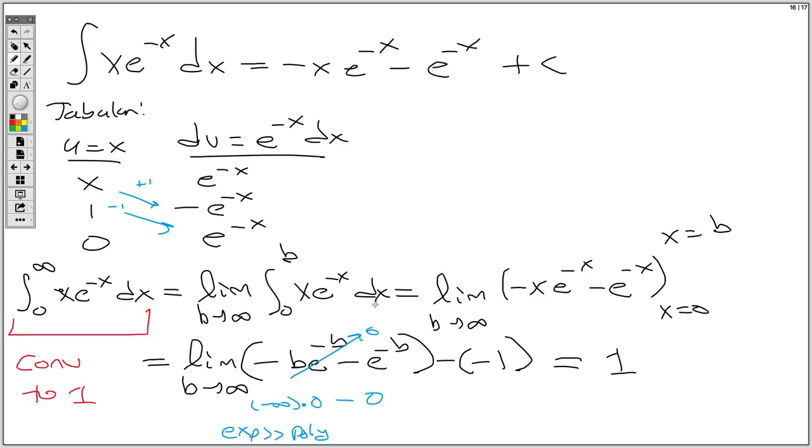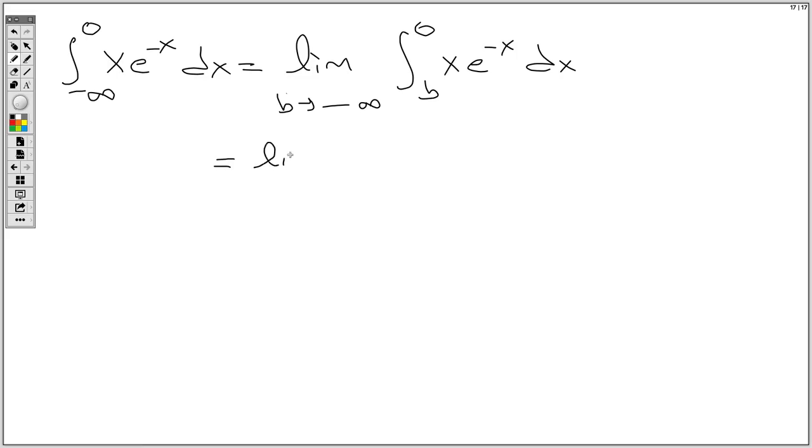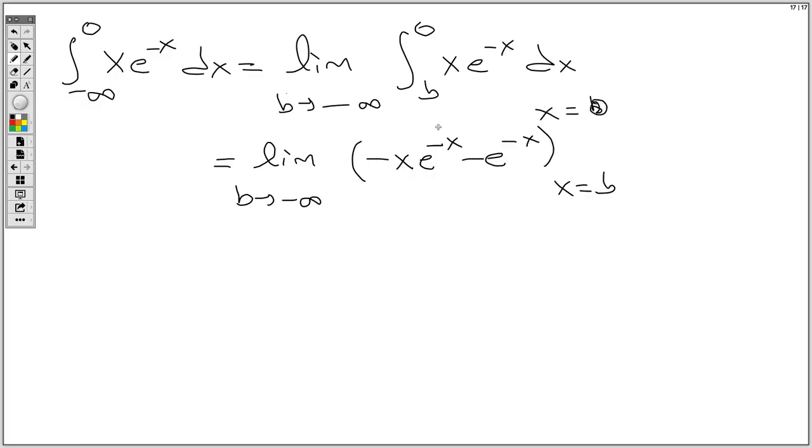And once again, I've already got the antiderivative. The only thing that's different now is I'm flip-flopping the limits. Instead of going from 0 to b, I'm coming from b to 0. So let's see what happens here.